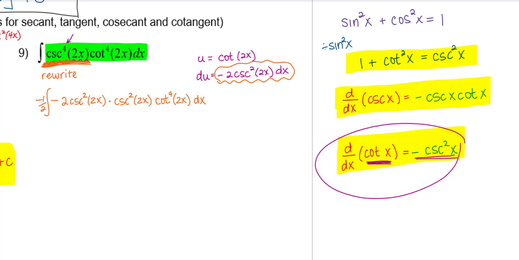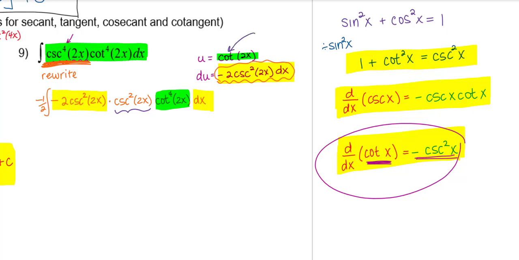I will highlight here this negative 2 cosecant squared 2x and the dx all becomes du, so that's going to get used. The cotangent to the fourth of 2x is going to just become u to the fourth. That's great. Now the only question becomes, and you'll know you did this problem right, if your leftover trig function, cosecant squared of 2x, can be written in terms of your u.